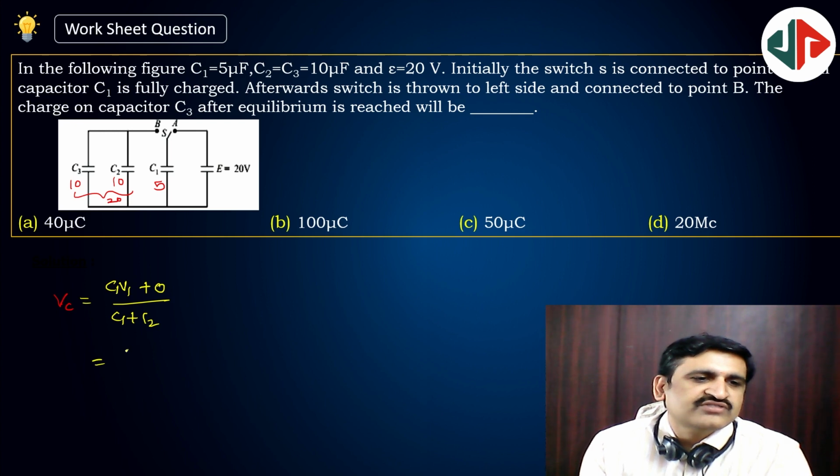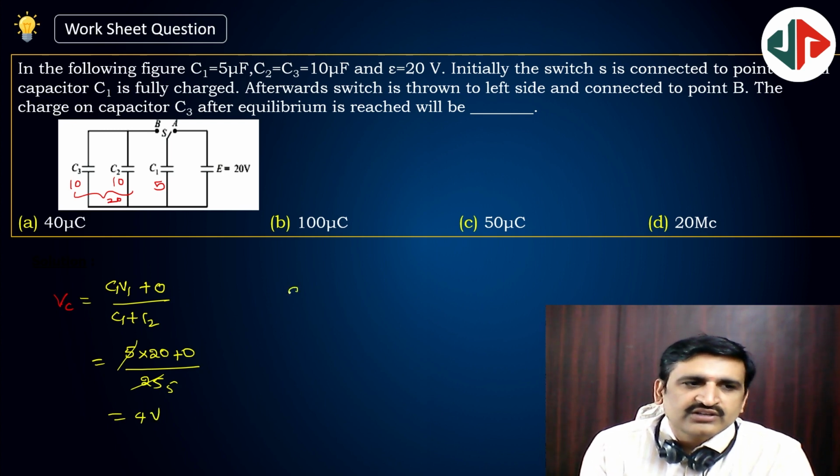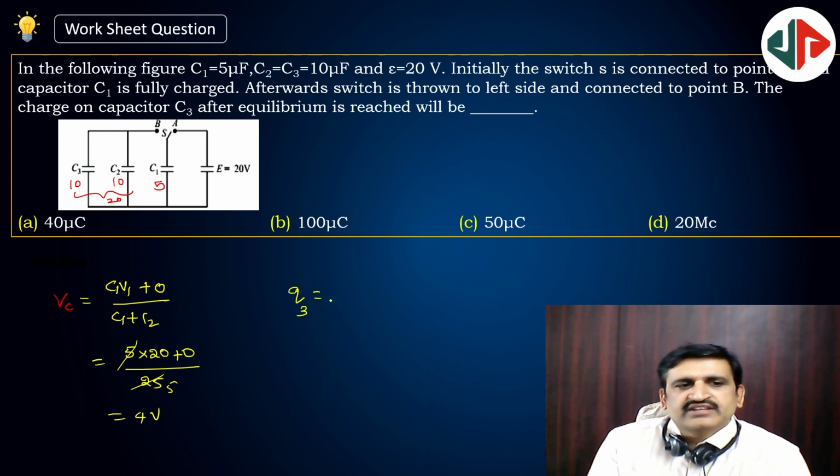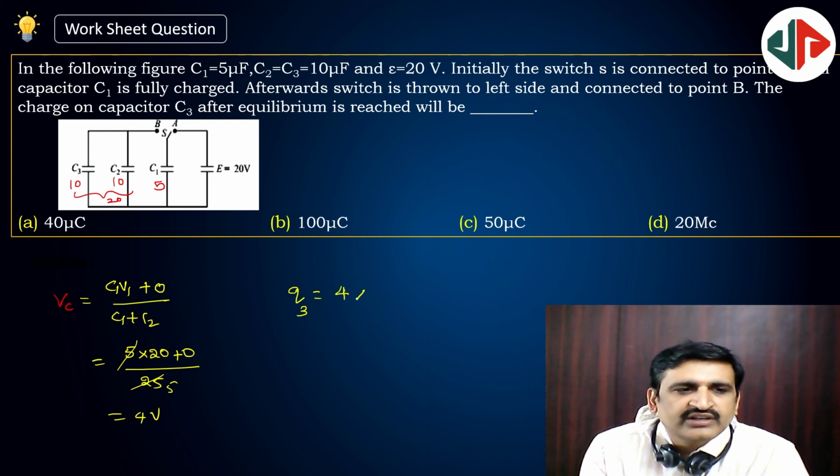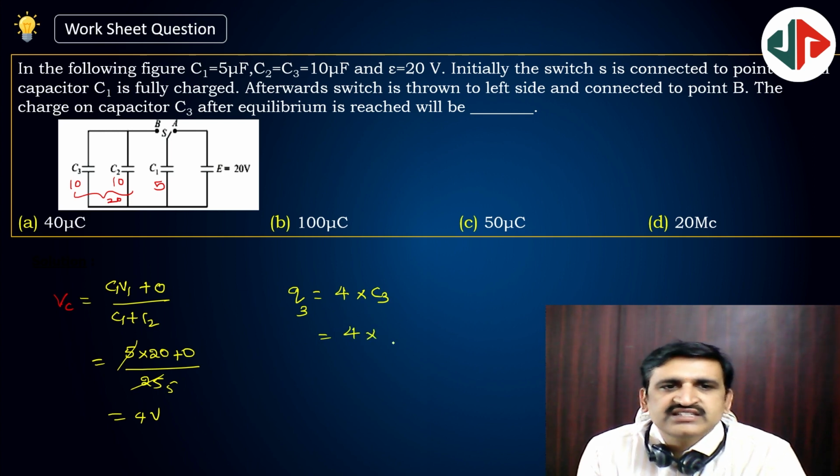C1 V1 is 5 into 20 plus 0, they are uncharged, by total 25. 5 will go 5 times, so 4 volts is the common potential. Now charge on C3, voltage will be 4 only, into capacity C3, 4 into 10, so 40 microcoulomb.